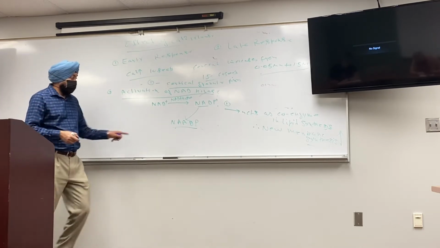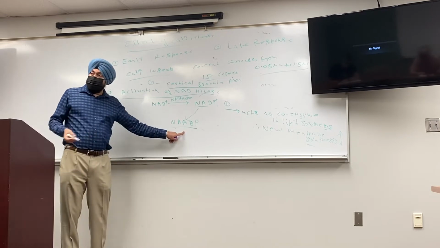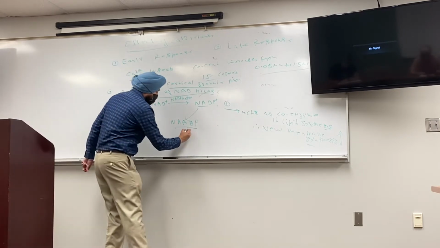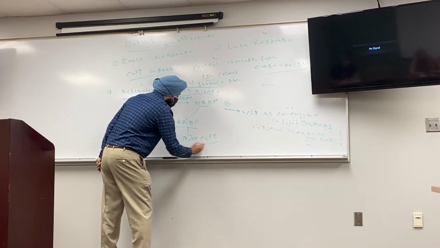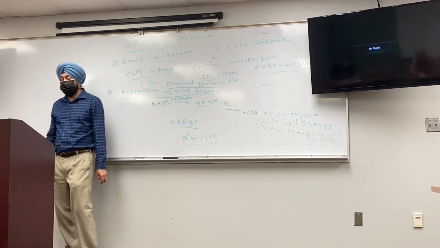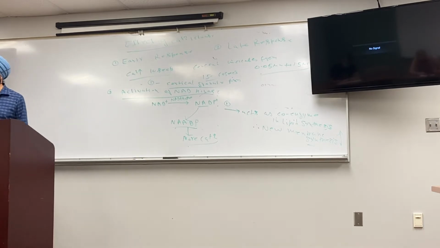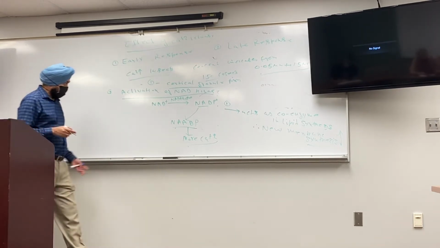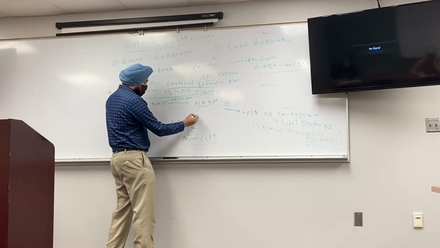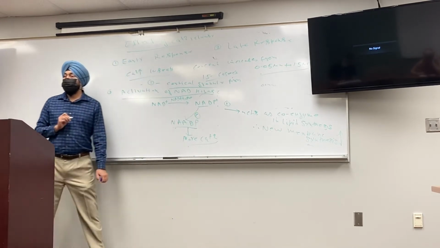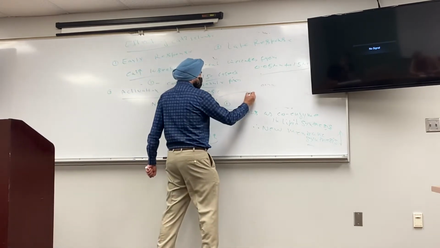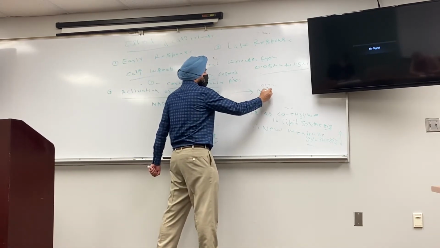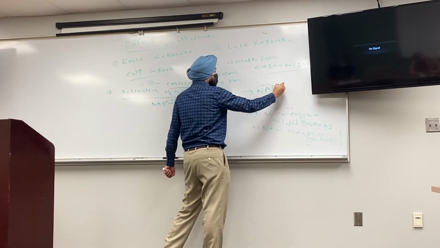So if it is making NADP, that means more calcium formation takes place, more and more calcium is coming out. Okay. That was the second route. The third thing that can happen is this NADP is utilized to make NADPH.